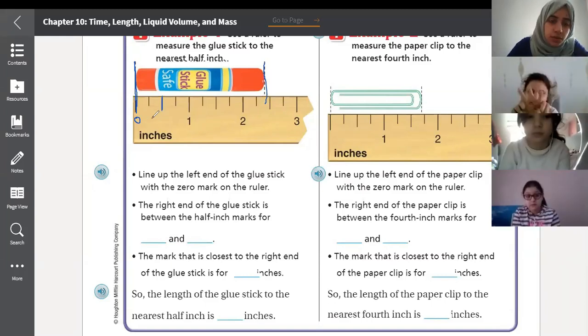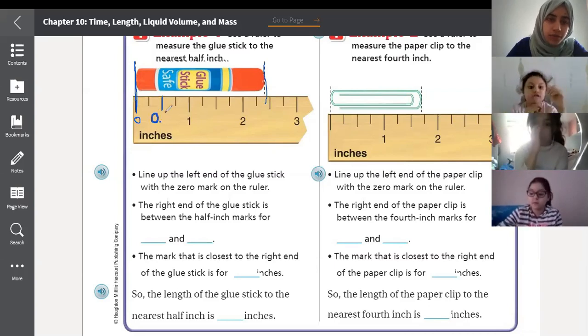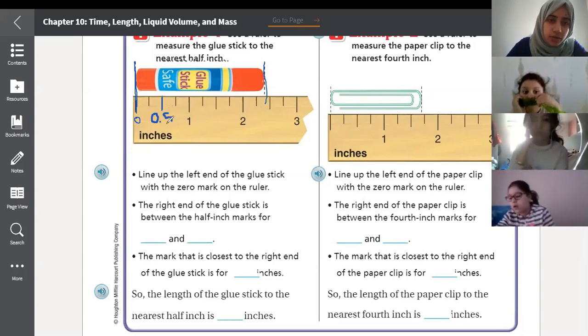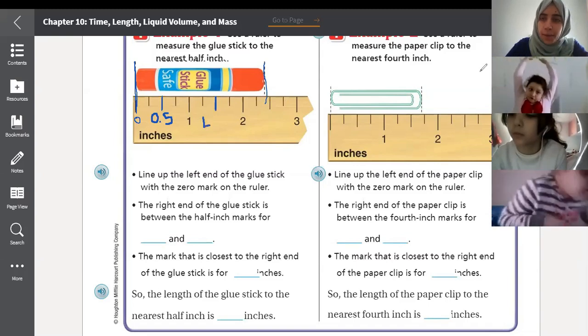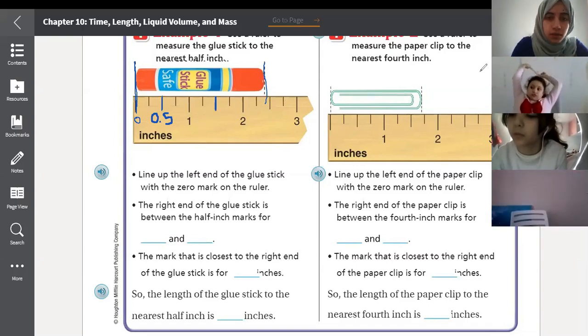This one represents 0.5 or half. And also the one in the middle represents 1.5. Again, in the middle, 2.5.